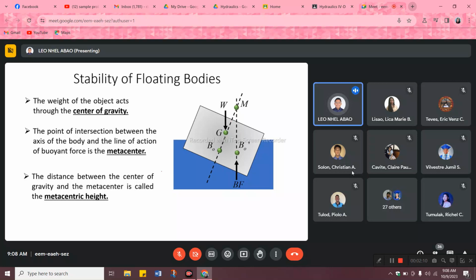So this is a rough overview only. BO prime is still the center of buoyancy, but in a new direction, because it is now tilted. We will explain this in the next slide.